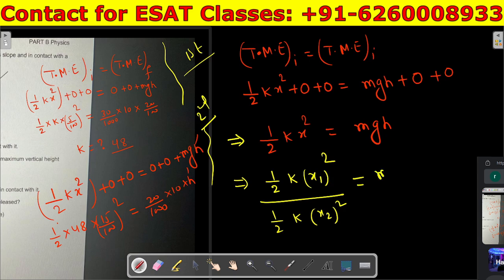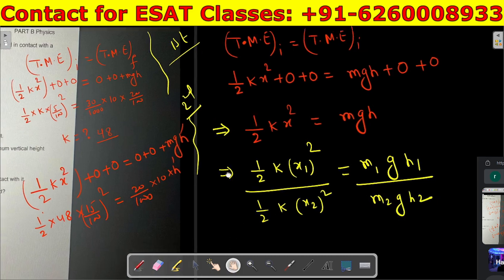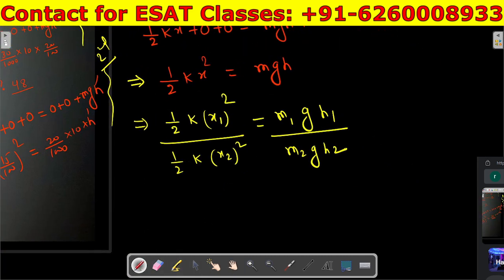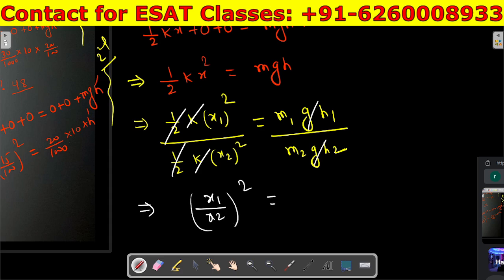That should be equal to m1 g h1 upon m2 g h2. Can we do this? Very good. Half gets cancelled, k gets cancelled, g gets cancelled. So a very simple relation: x1 upon x2 whole square equals m1 upon m2 into h1 upon h2.